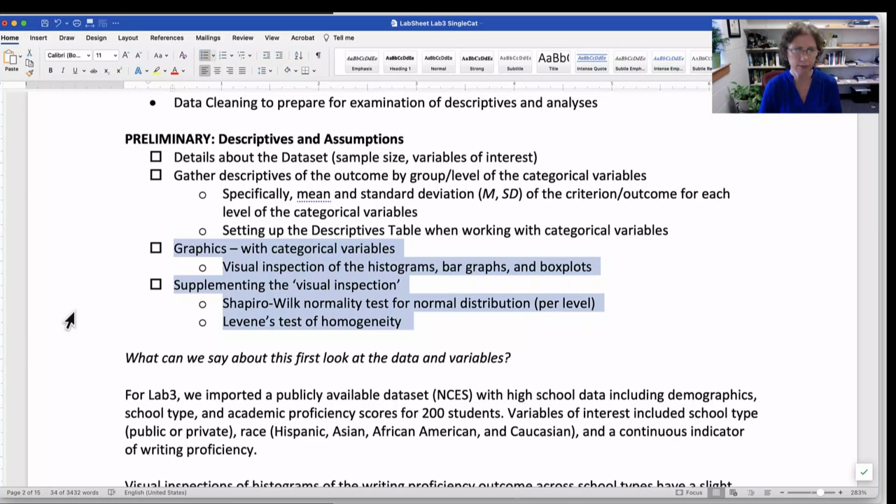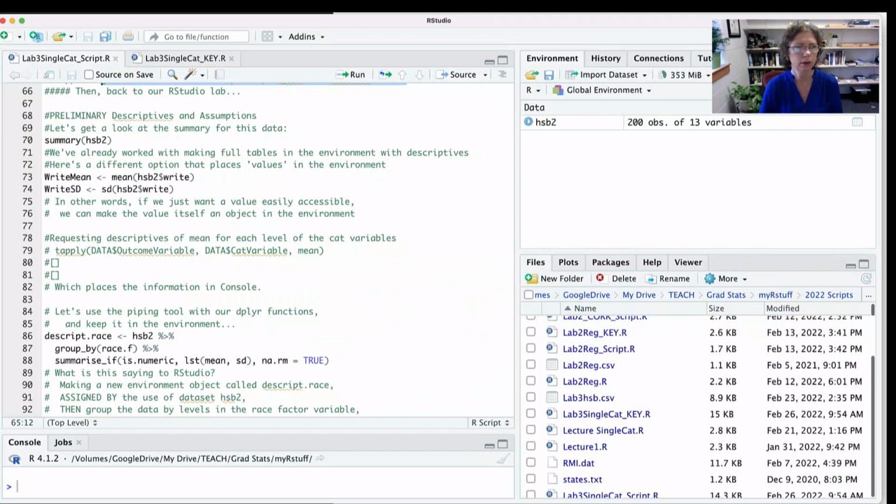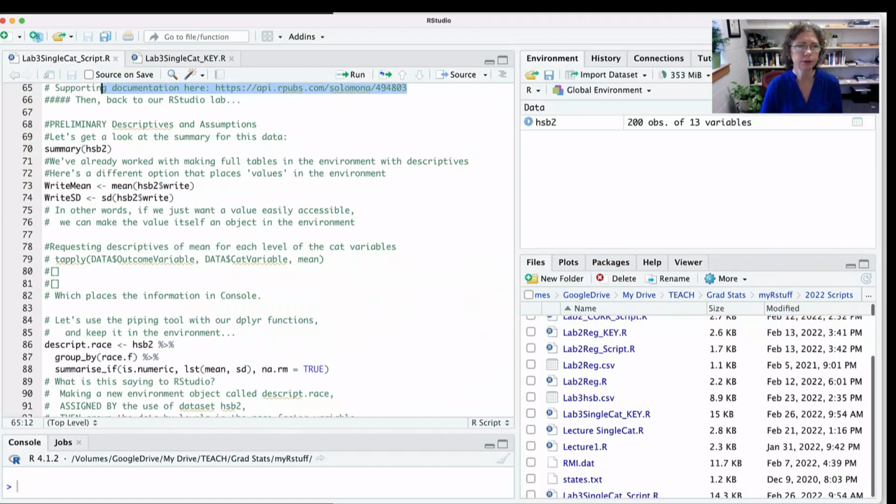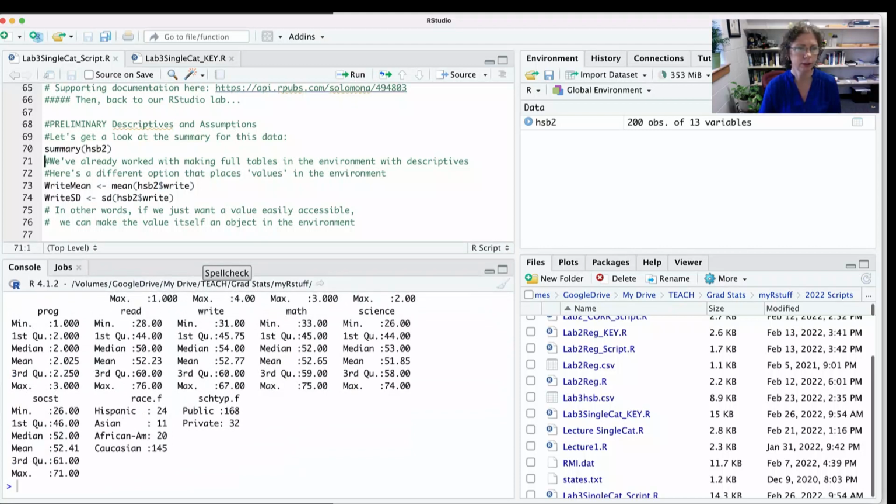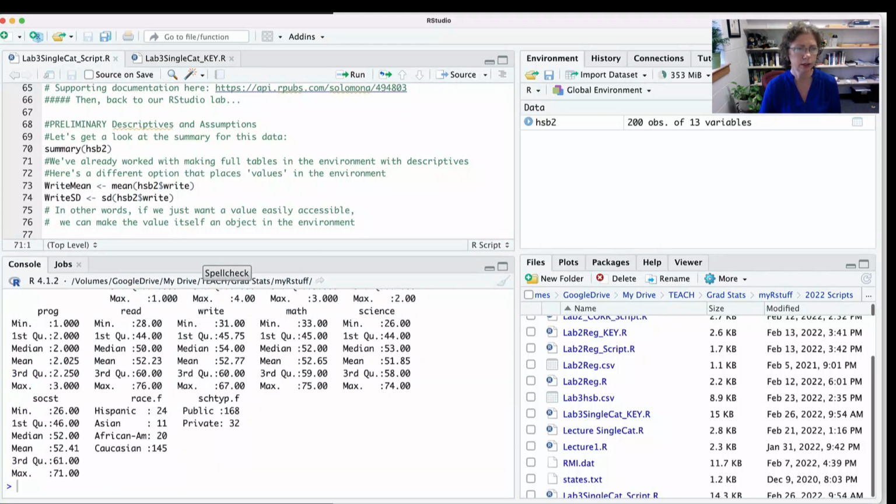Okay, so first, let's just get a summary and look at what's going on in this data set. When I run that, all of my information is down here in the console. I can see how many cases are by school type and how many cases by different ethnicity groups.